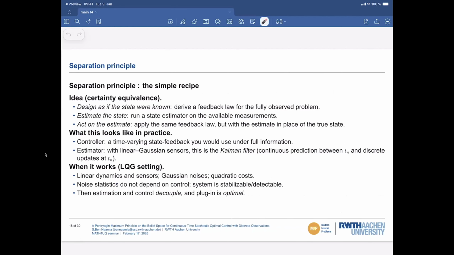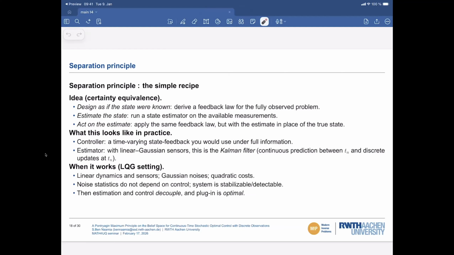Now, how was this solved before, at least in this setup? There is something that is called the separation principle, which is actually quite intuitive, right? If you have a problem where you cannot observe what you are controlling, what you can do is assume that you observe it, and solve the problem as if you knew the state.